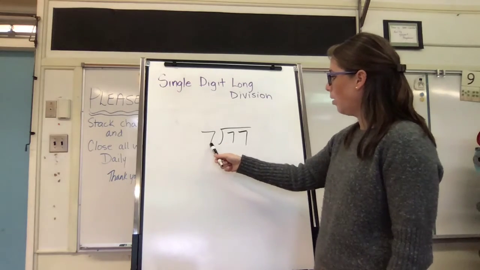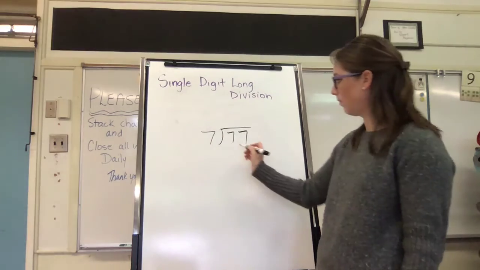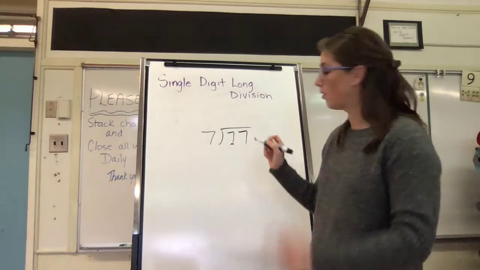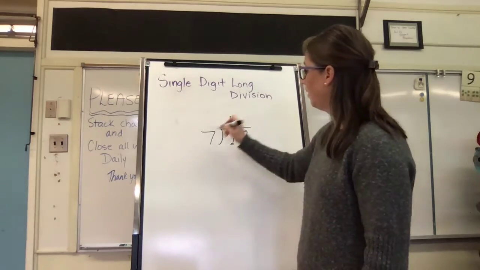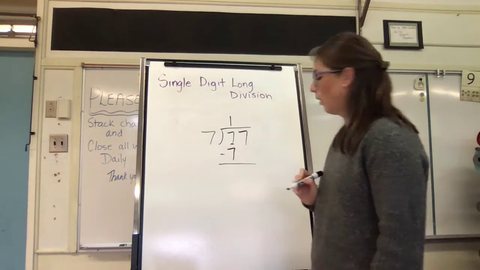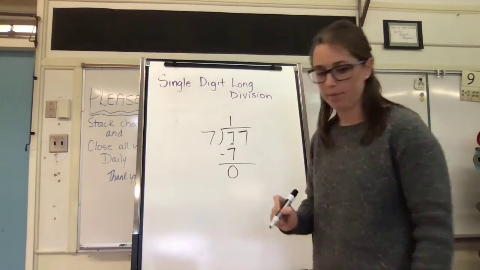Okay, so again, we're looking at how many times can 7 go into 7? We're just looking at the first number, remember here. We know that that's once. 1 times 7 is 7. We're going to subtract that. We're left with 0 here.